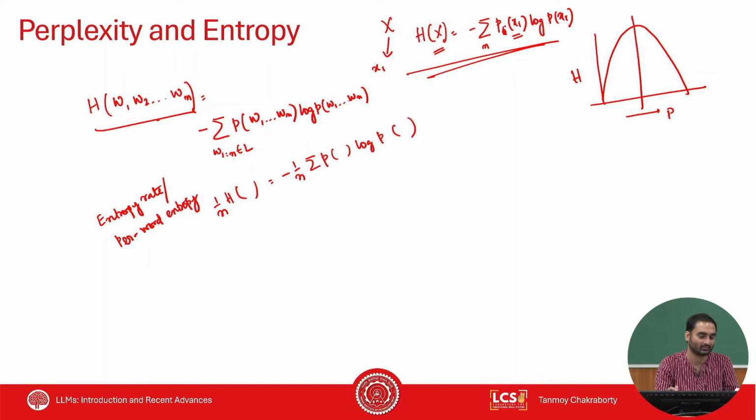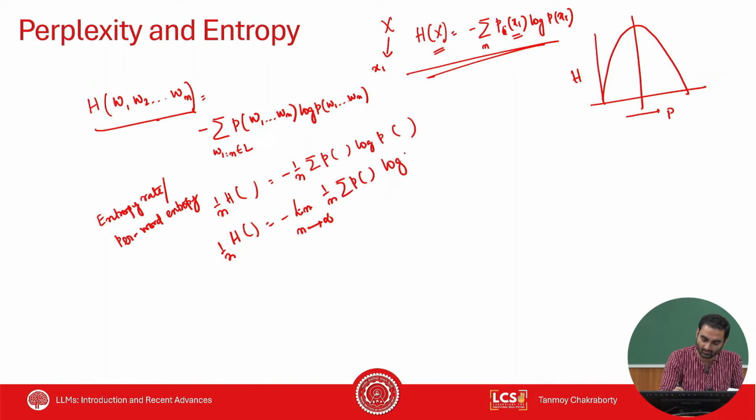So how do we generalize it? We generalize it using limit theory. We say that the limit as n tends to infinity of minus 1 by n, p of this, log p of this.